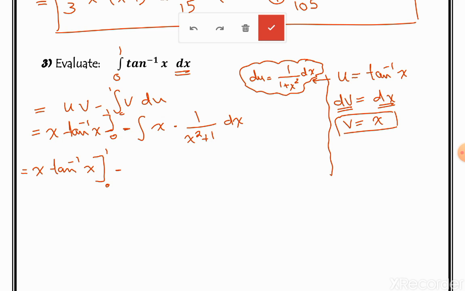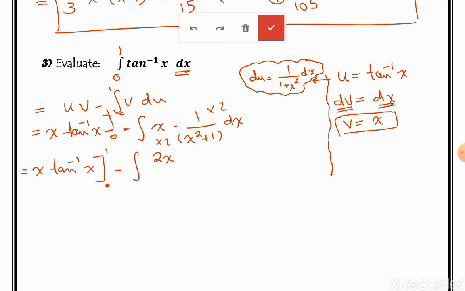But here, how to find the integral of this part? Yes, to find the integral of this part, all of you pay attention in this step, I will multiply by 2 and divide by 2.